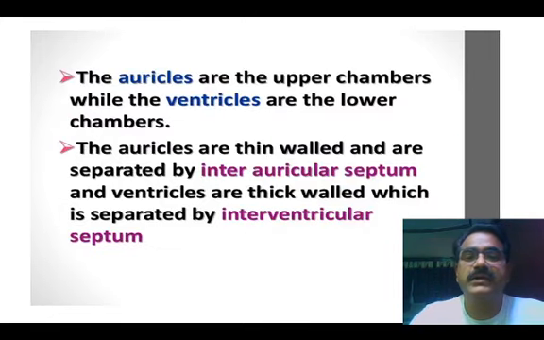Now the auricles are the upper chambers while the ventricles are the lower chambers in the heart of human beings. The auricles are thin walled and are separated by the interauricular septum, and the ventricles are thick walled and are separated by the interventricular septum.